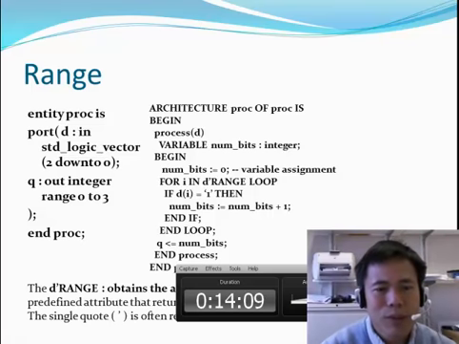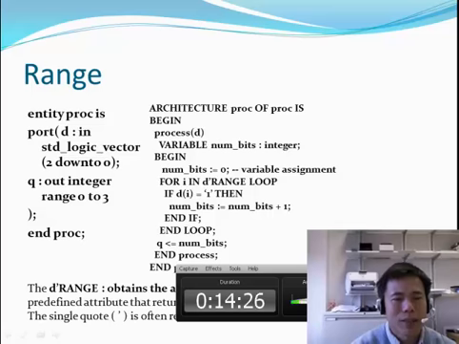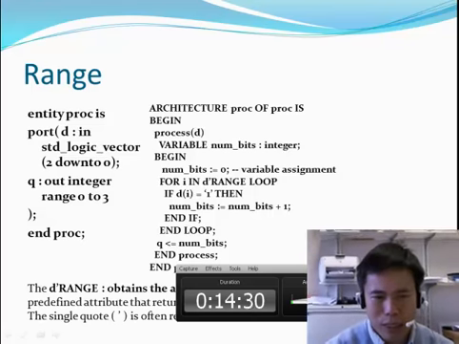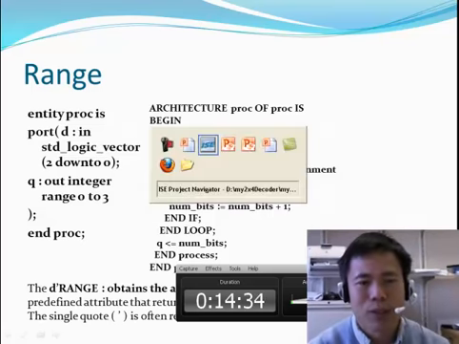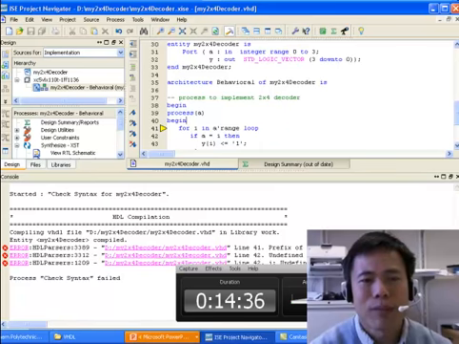So here we define integer range 0 to 3, but the Y is the standard logic vector right here. So we need to actually iterate over each bit, not the range of the integer.